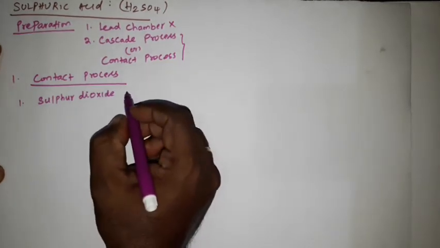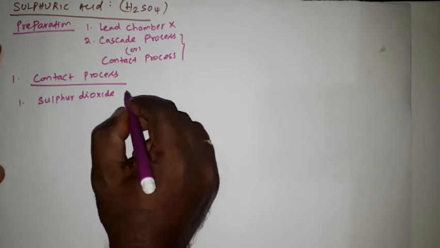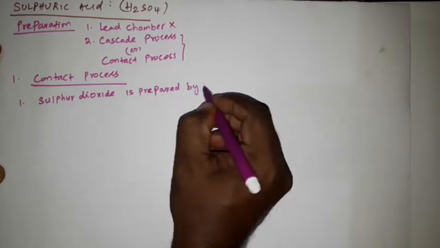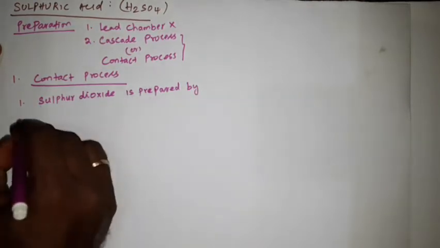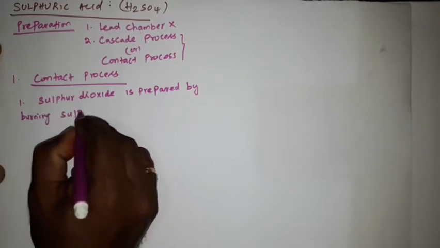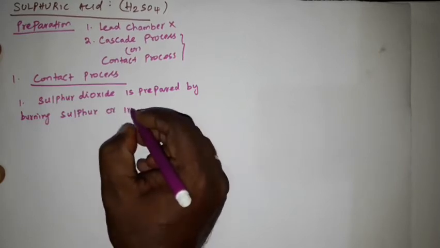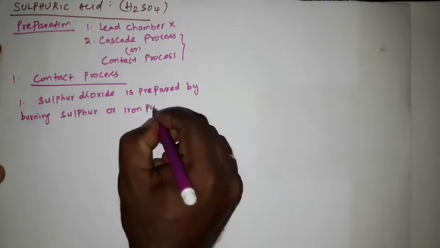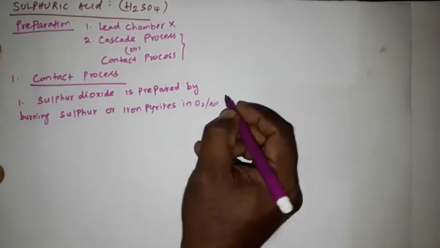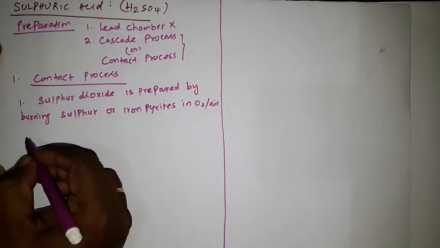This sulfur dioxide is prepared by burning sulfur or iron pyrites in oxygen or air. Okay. This is your first step.